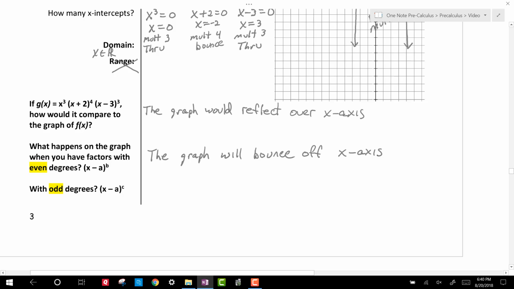And with odd degrees, 1s, 3s, 5s, the graph will go through the x-axis. All right? That was a long one, but hopefully it made sense.